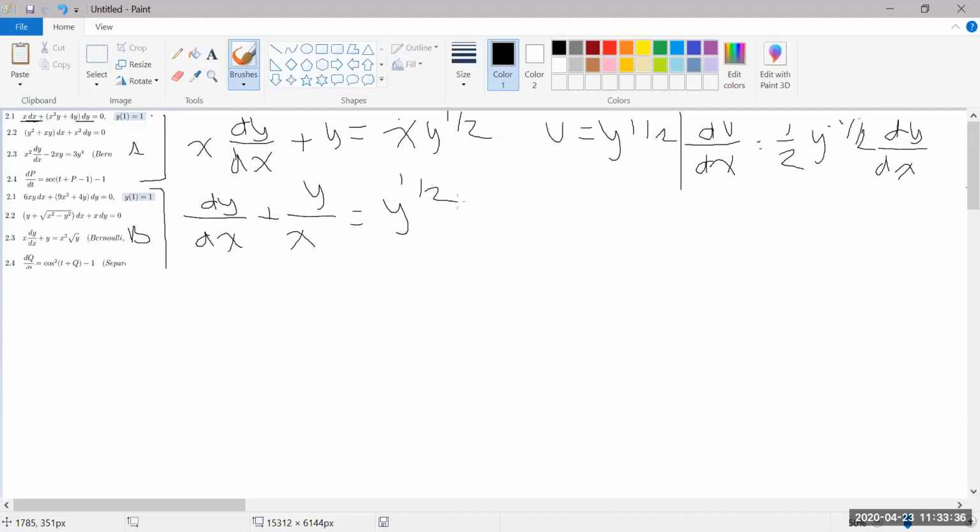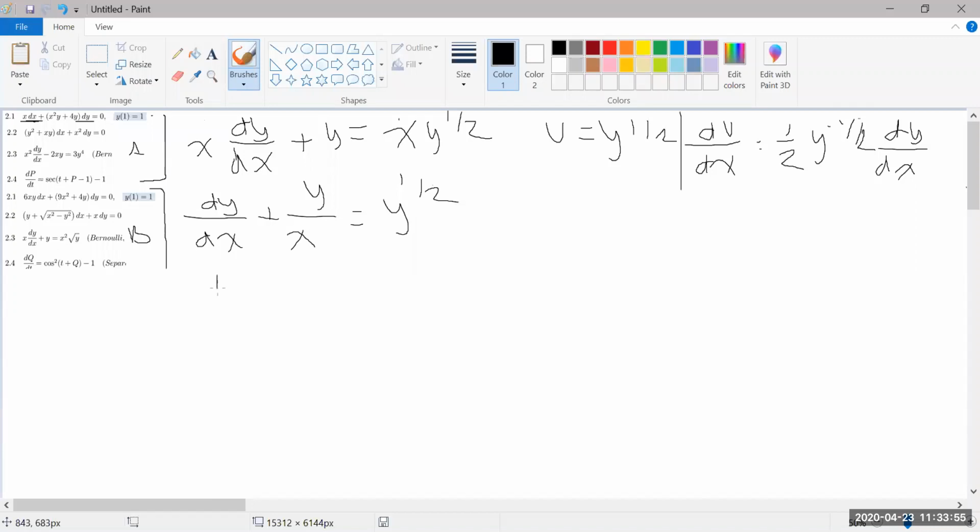Okay, so now I'm going to divide everything by our y to the 1/2.